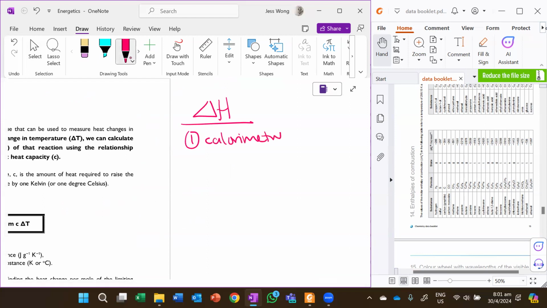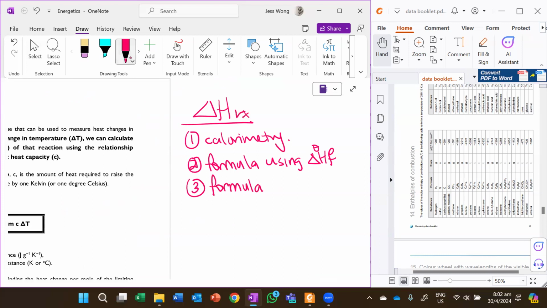We can use calorimetry to do an experiment to find delta H. We can also use a formula and calculate the delta H using delta HF values, as we have seen earlier. We can also use a formula to calculate a delta H of a reaction by using delta HC values from the data booklet. We can also find a delta H of reaction by using bond energy that you have been doing in year 3, year 4.